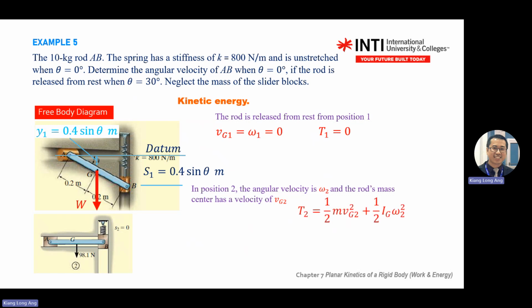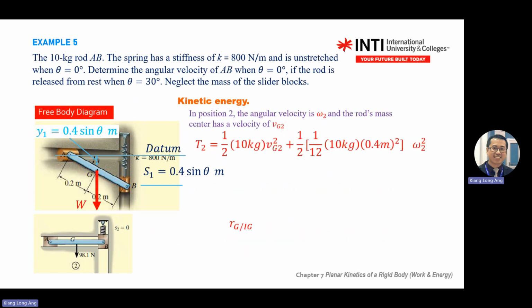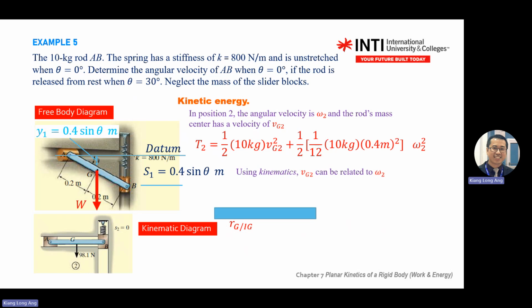Okay. Then position 2, you have T2. One is mv squared, and rotation, I_G omega squared. Okay, you substitute value there. Find your T2. So T2, one is missing. Where is your v2? So what you do, analysis using IC analysis. So you have A and B and the IC point. So this is your velocity of the gravitational point.